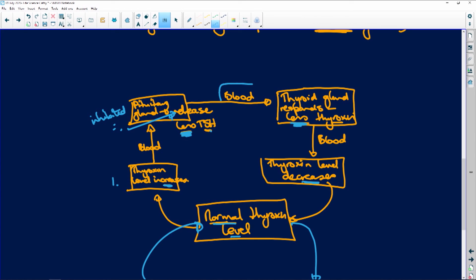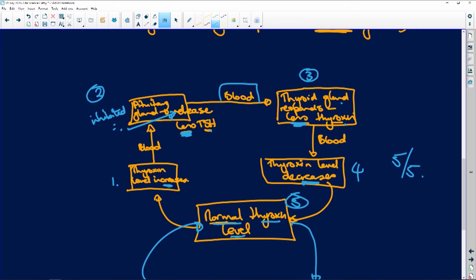Less thyroid stimulating hormone travels in the blood to the thyroid gland, and the thyroid gland responds by releasing less thyroxine. The thyroxine level in the blood decreases, bringing the thyroxine level back to normal. So there's 1, there's 2, there's 3, there's 4, and we are back to normal. 5 out of 5. Yay!